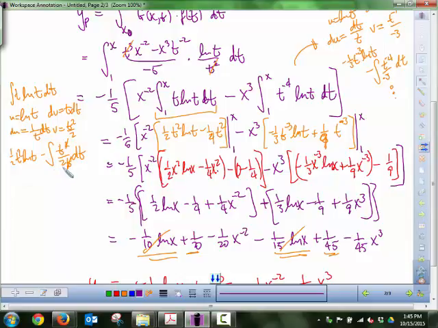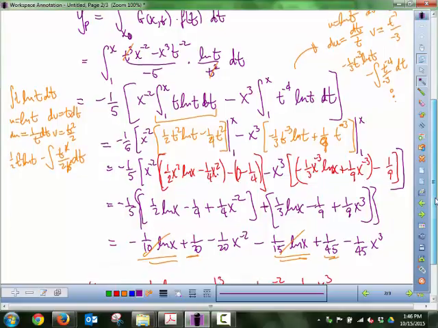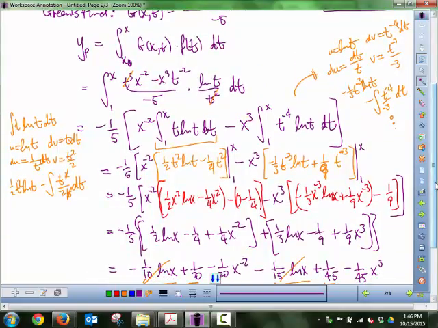About the 1/4, does that come out right? So this thing with a minus sign. All right, so that's the origin of those constants.